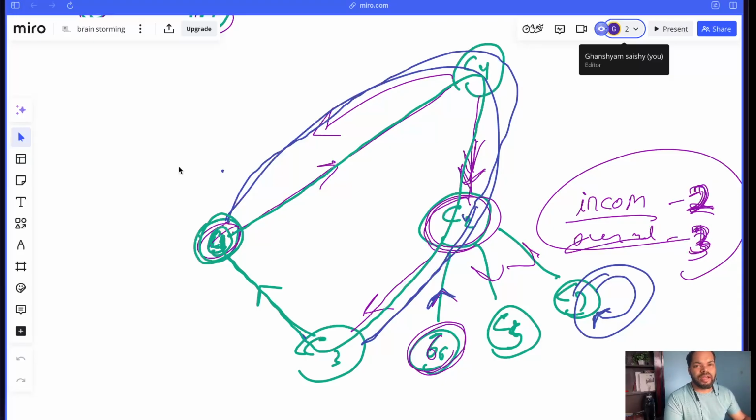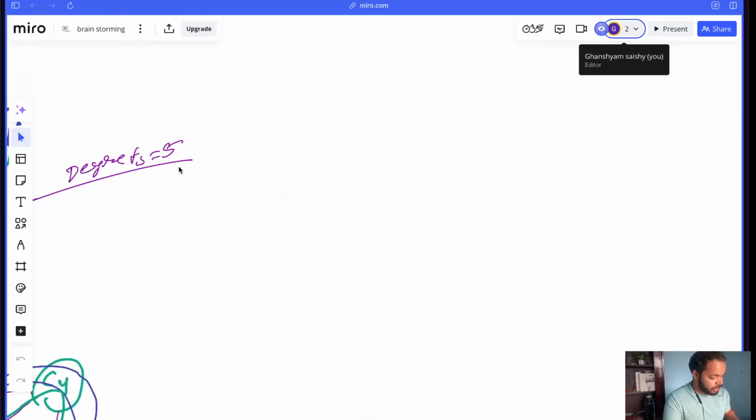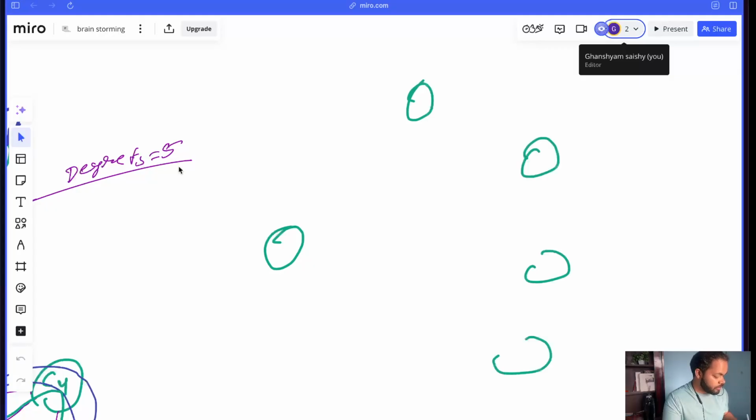And then you have a weighted graph. Sometimes, if you take transportation as an example, it's a good example for this. Suppose there are multiple paths to reach the fourth city from one.